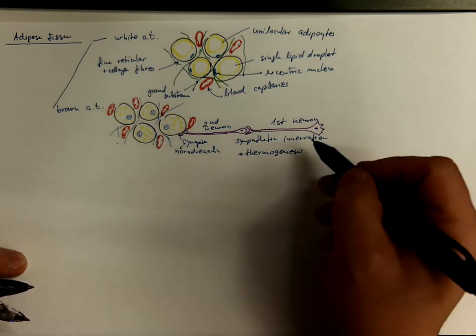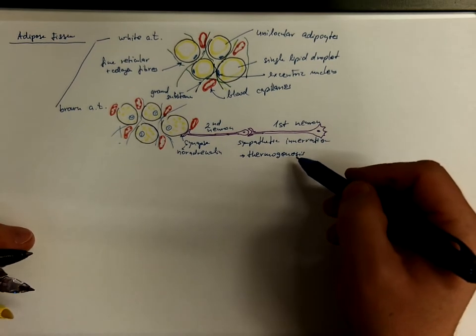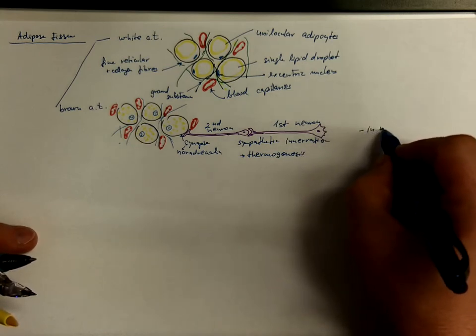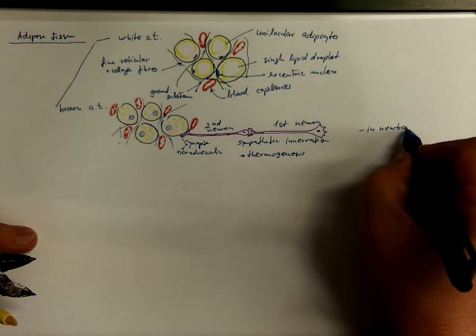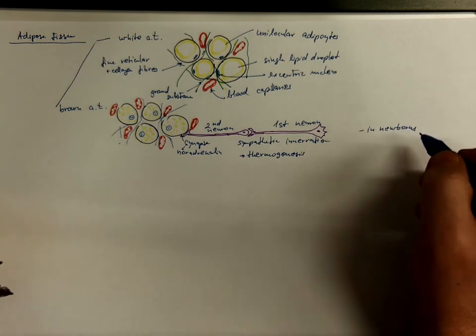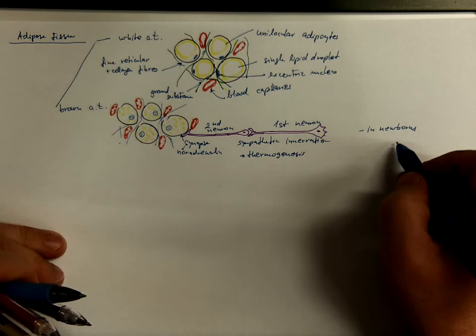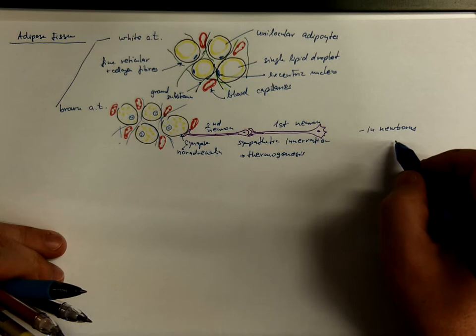This corresponds with the distribution of this brown adipose tissue. It's mostly in newborns, in specific areas such as the interscapular region, the mediastinum region, or around the kidneys. During aging, it disappears.